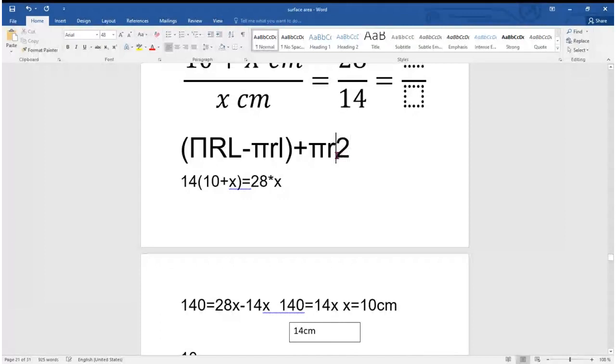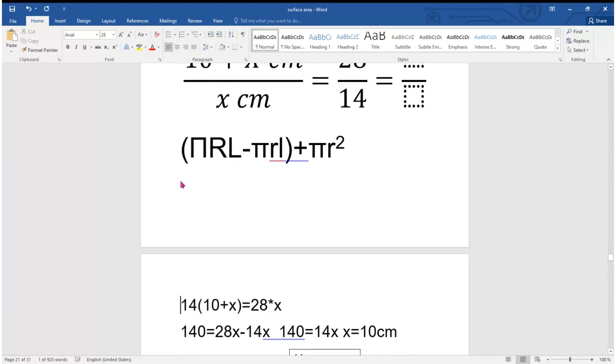So you come here and add this. Total is pi r squared. And that is how you find the surface area of the bucket: pi R L minus pi r l, that is curved surface area of big cone minus curved surface area of small cone, then plus the area of the base. And the base is circular.